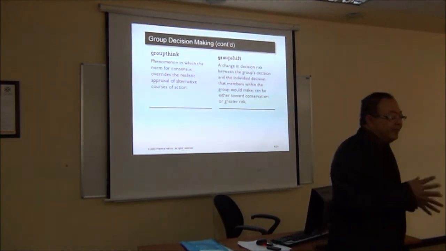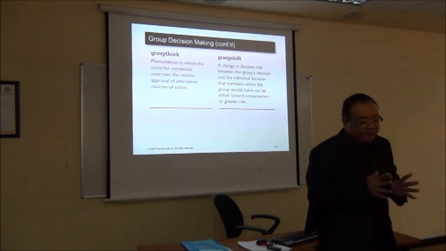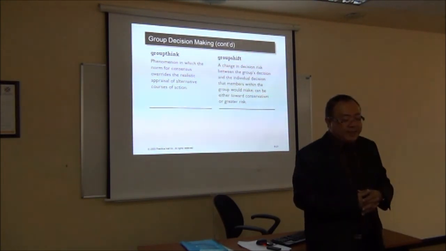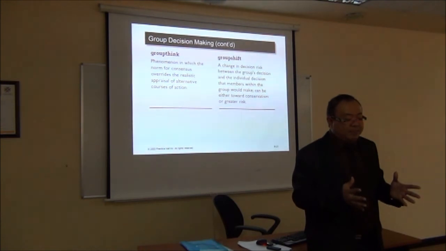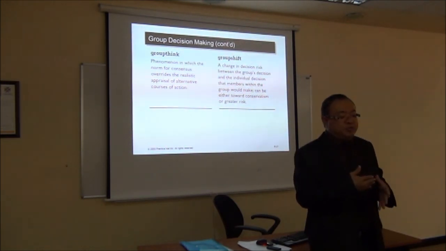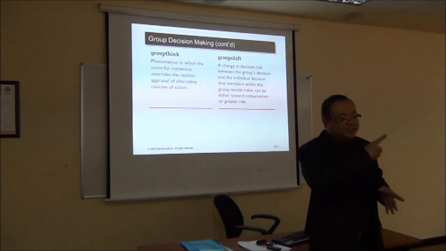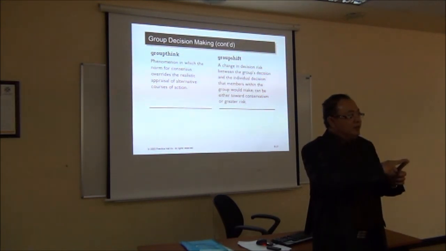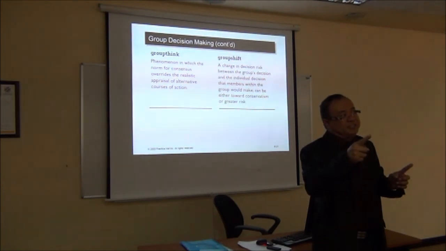Think about it. Maybe on a scale of, say, talking about expansion of the company. Maybe before the meeting, the individual believes on a scale of 1 to 10, 10 being very strongly feeling and 0 being against or neutral, then maybe the person is 5 or 6 before the meeting.